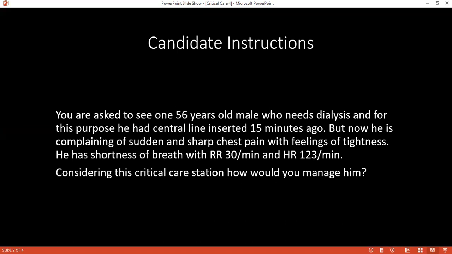Can you please tell me what are the different types of pneumothorax you are aware of? So it's simple pneumothorax, tension pneumothorax, and open pneumothorax. How would you differentiate between tension pneumothorax and simple pneumothorax?